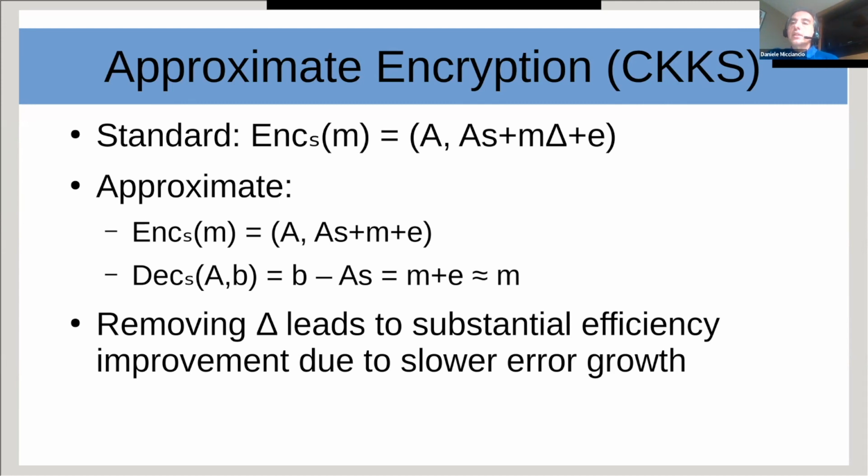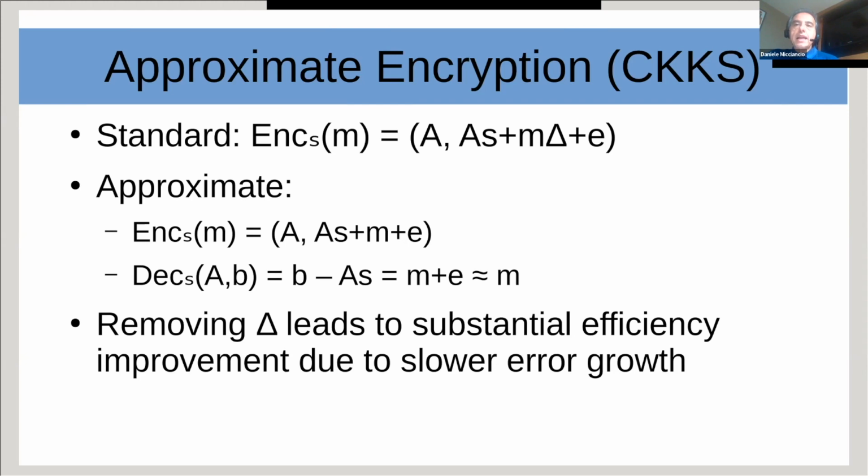So the encryption is simply removing this delta, and in some sense it is very similar to the first generation schemes, but without this error correction scaling factor. If you decrypt, when you subtract AS from B, you will get M plus the error, and you can simply leave the error there and think of it as a perturbation that gives an approximate result.